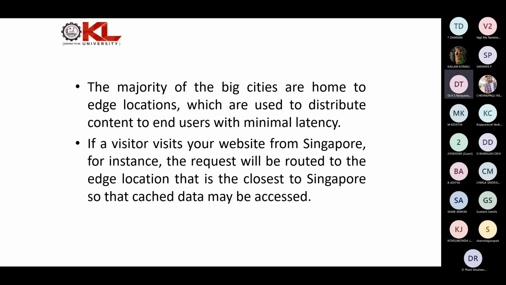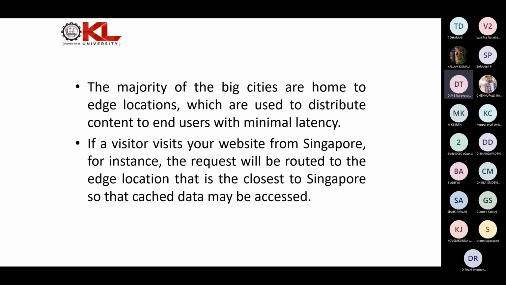Each edge location might be communicating with the regional servers. We call them regions, which are used to distribute content to the end users with minimal latency. And the redundancy might be avoided with storage assessments itself.